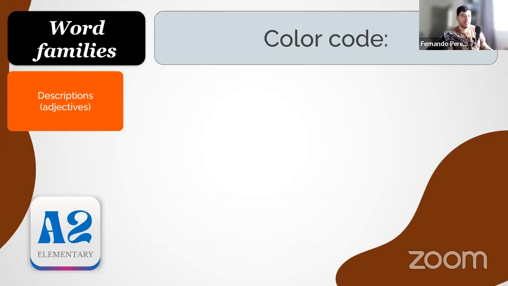Excellent. The word small is precisely an adjective, and we can use it to describe, for example, the table is small. The car is big, opposite of small. Big, tall, large, etc. These are descriptions too, adjectives. All these words, we need to consider them adjectives.